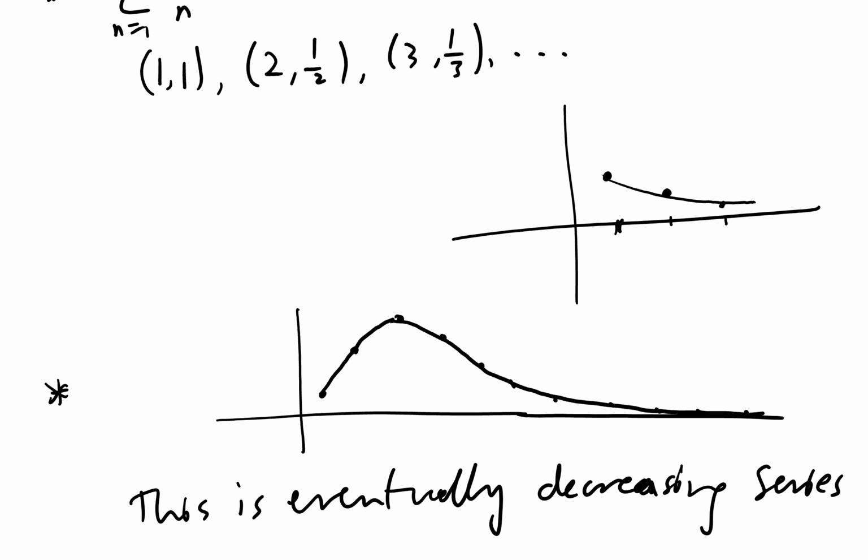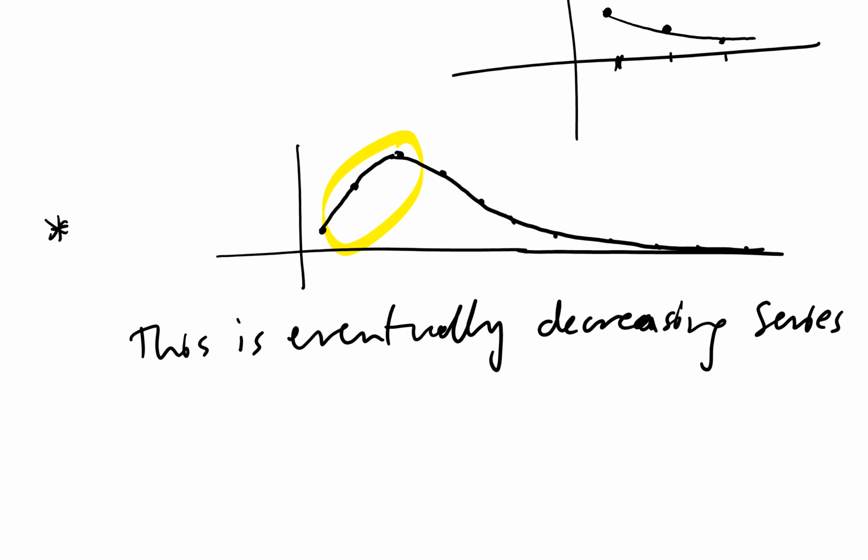That's an actual mathematical term we use. It could be eventually increasing or eventually decreasing. In this case, we don't worry about this part here. It's such a tiny part of a huge thing, so we ignore it. When we say eventually decreasing, it's treated the same as decreasing. That's why we don't care about it.